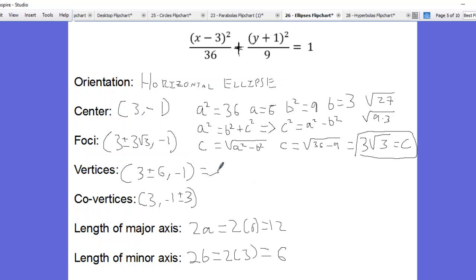So this would be 9, negative 1, and negative 3, negative 1. And this would be 3, 2, and 3, negative 4.